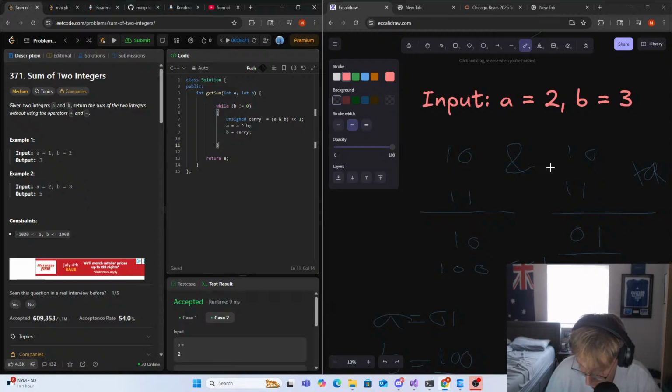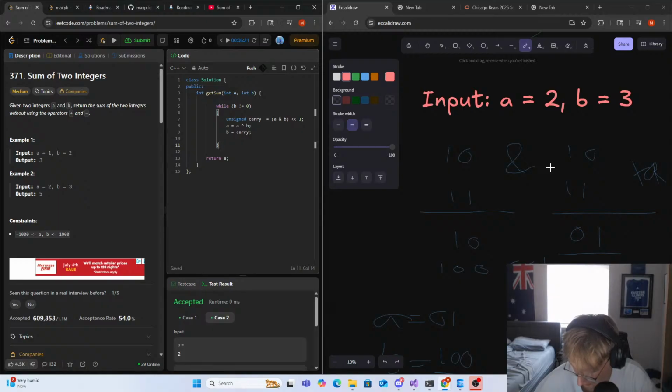So we add 2 integers, no carry. Our A would be... We do our carry. Our carry we calculate with A and B. Now I have to lock in, dude. A and B does our carry.